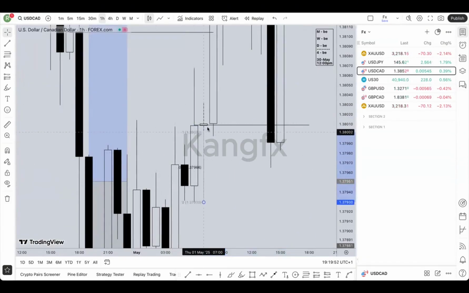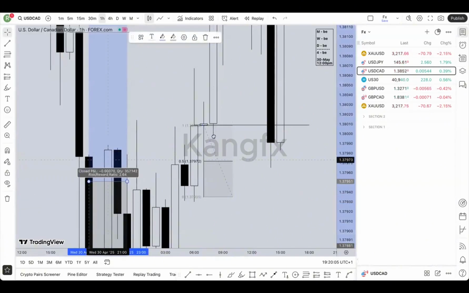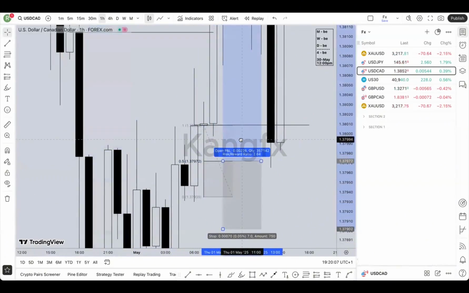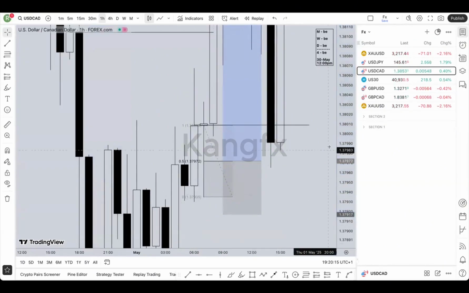And what I'll do, I'll draw it also from the beginning of the wick that mitigated the support on that 1 hour, from the beginning to the end. Then I take it at the equilibrium also. That was how I got this trade. You can either use 7.7 pips or you use your 5.5 pips.